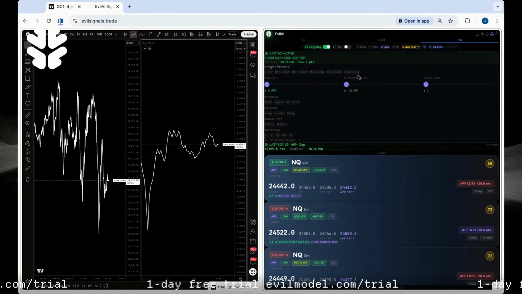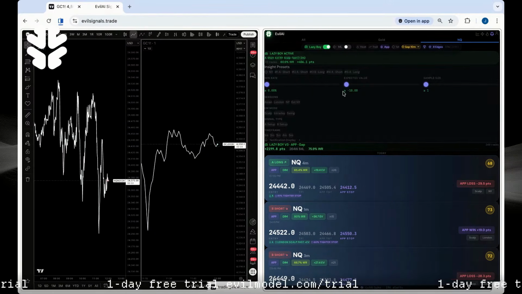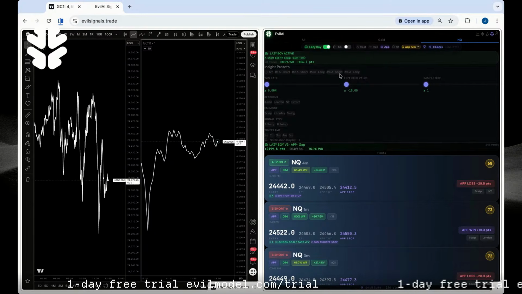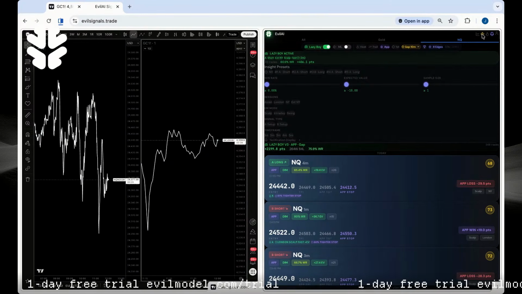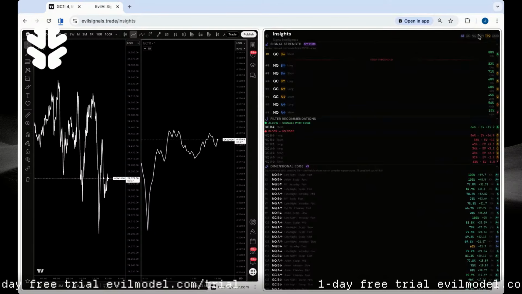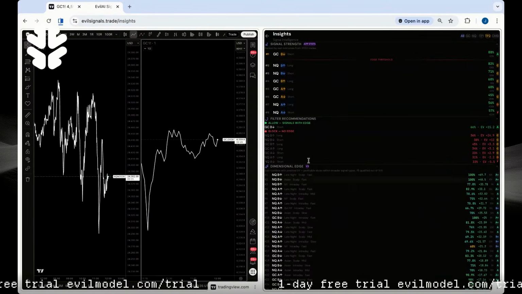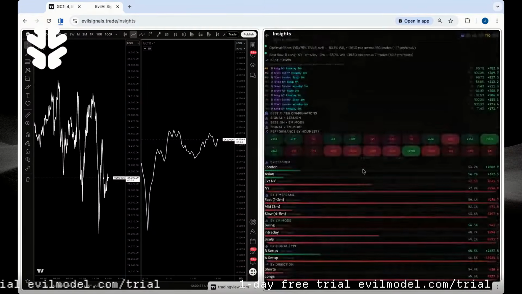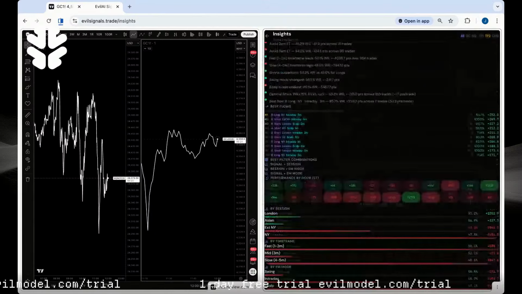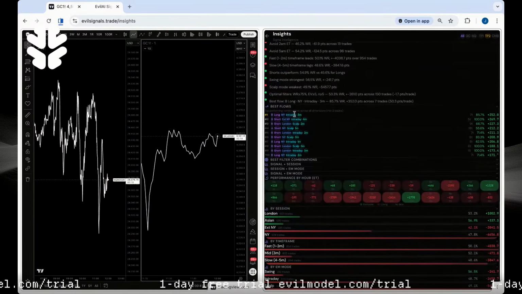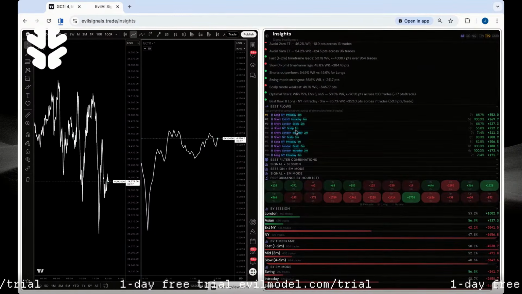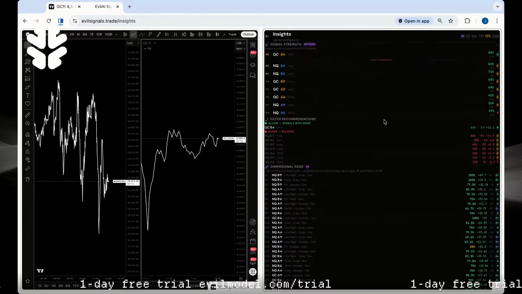So like top presets at the moment, number 1, 2, 3, 4, 5, that's coming from the insights page. The top combinations. I forgot we've got all this down here. Yeah, best flows is these.